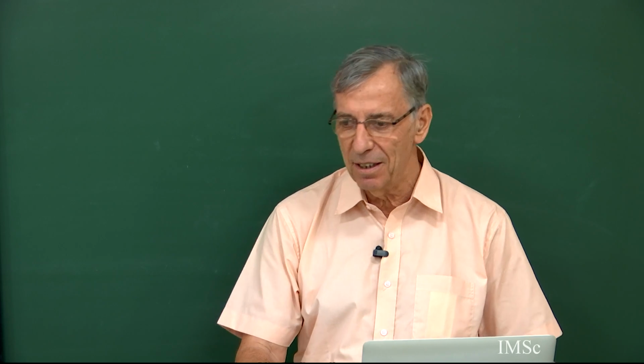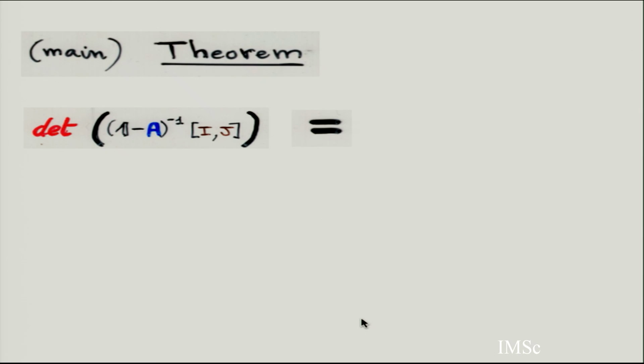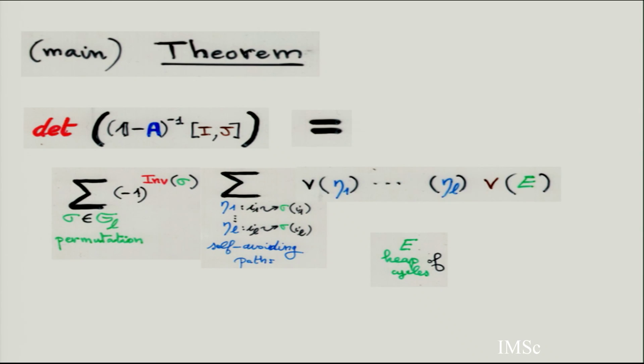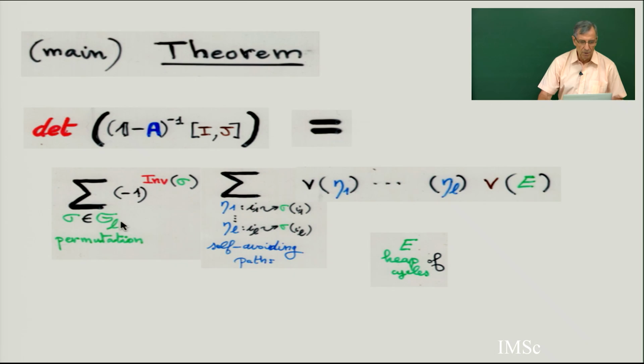The main theorem says that if I take the left-hand side of the Jacobi identity, I have the following interpretation. The left-hand side, so the minor of this matrix, is equal to the sum over all permutations sigma in the symmetric group on L elements, of minus 1 to the number of inversions of the permutation. And here you have a sum over blue paths eta 1, eta 2, eta L. So the path eta 1 goes from I1 to sigma of I1, etc. Eta L goes from IL to sigma of IL.